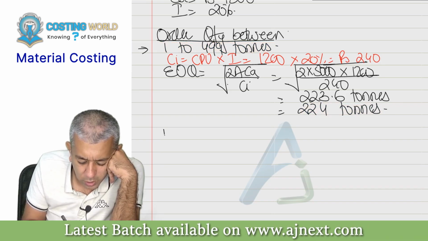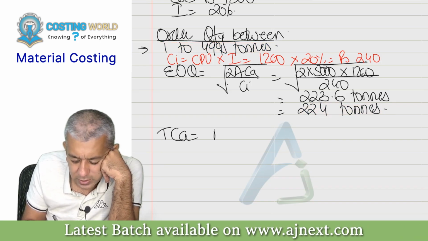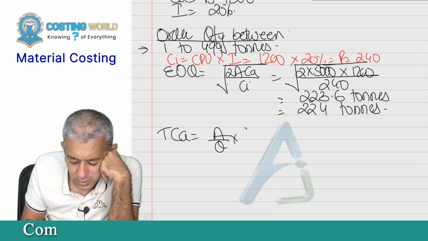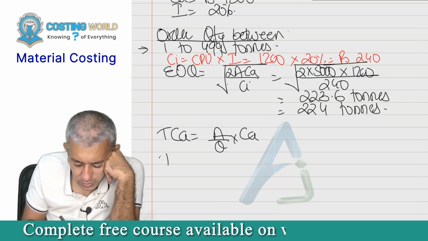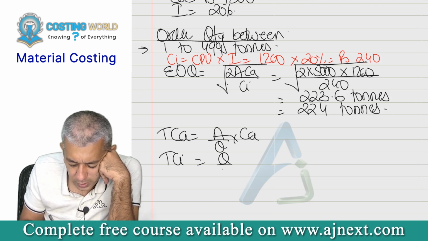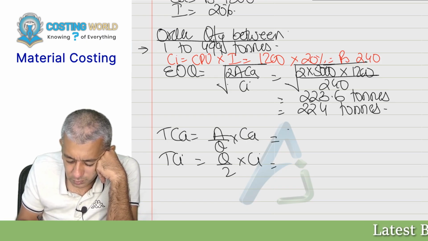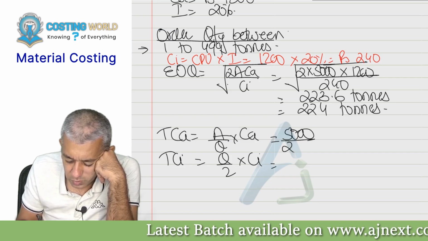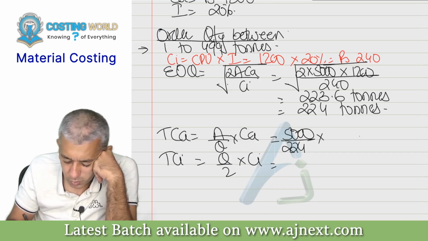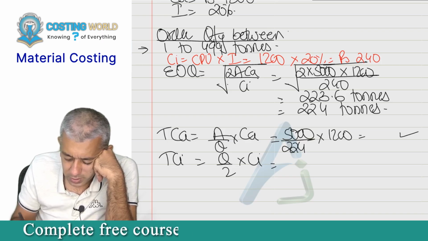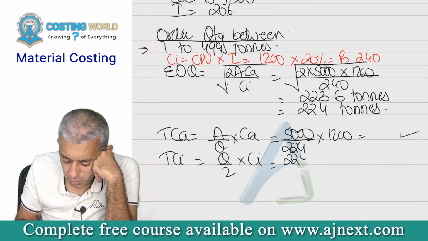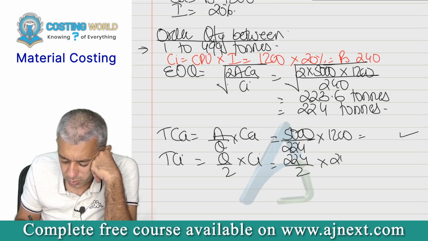Okay, now my total cost: TCA is equal to A by Q into CA, TCI is Q by 2 into CI. 5000 divided by 224 into 1200. Please compute. 224 upon 2 into 240.